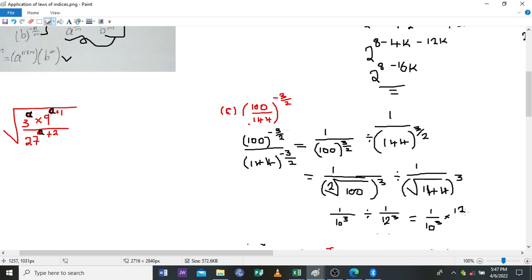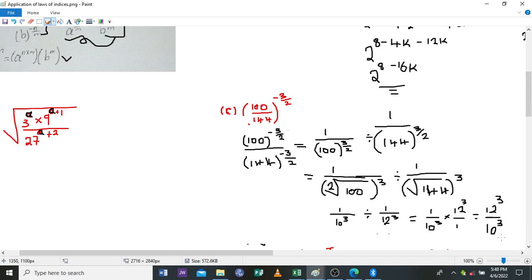Divide this by 1, which can just give us, remember 12 is raised to the power 3, 12 to the power 3 over 10 raised to the power, not 100, that's 10 raised to the power 3, right?